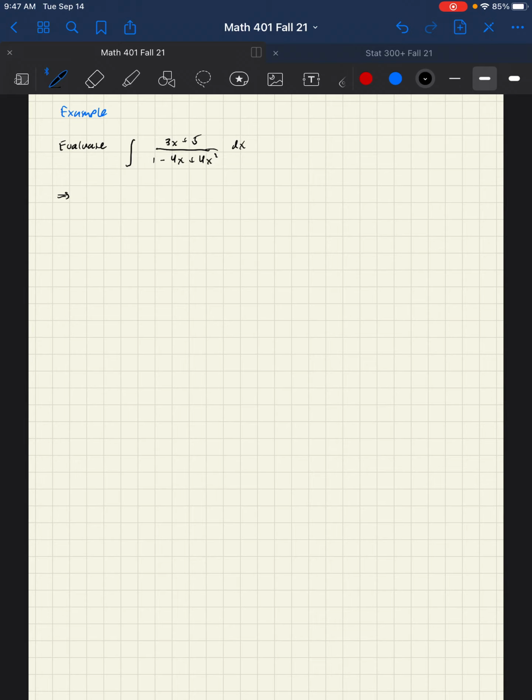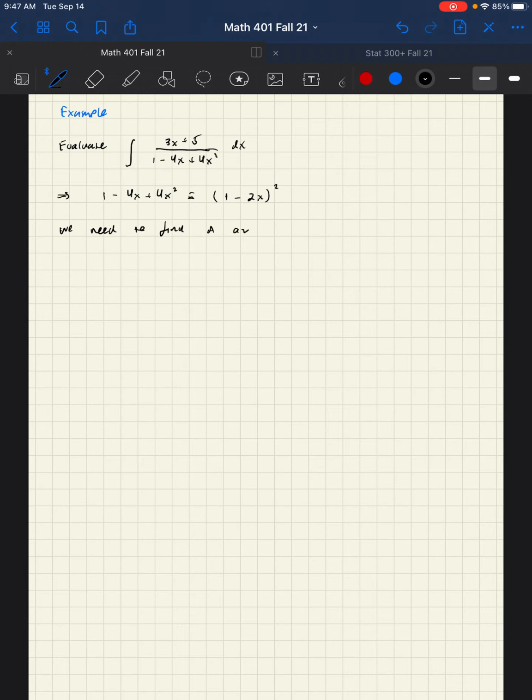So notice that 1 minus 4x plus 4x squared, and if you don't have an eye for this, you're going to need to practice a little bit. This is (1 minus 2x) squared. So this one's not so bad because we just end up splitting it in two. So we need to find 2 letters now.